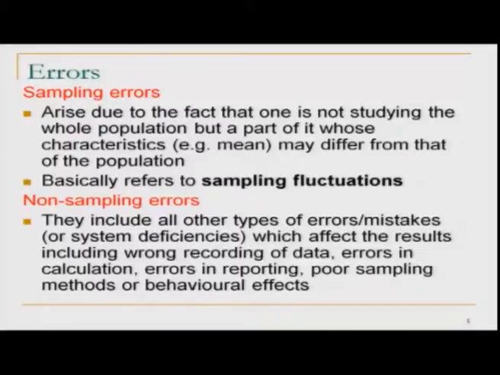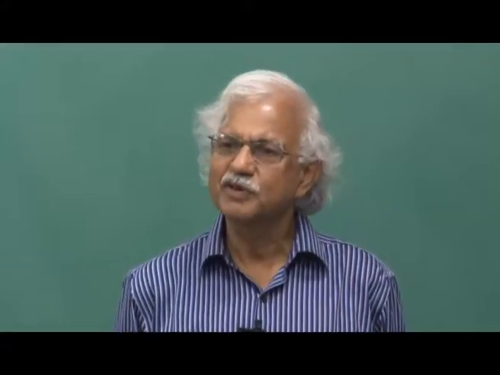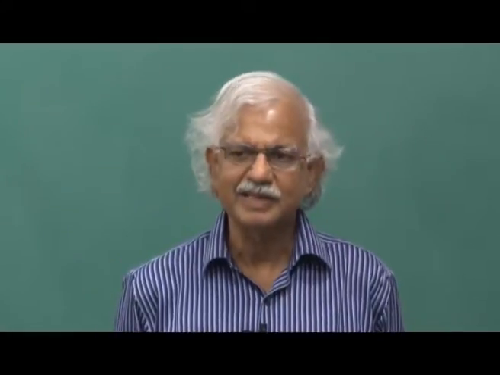Whether you collect data from a sample or a census, the phenomenon of age heaping to which I referred in the previous lecture will exist, or under-reporting of ages or over-reporting of ages. These problems will exist, or social desirability.